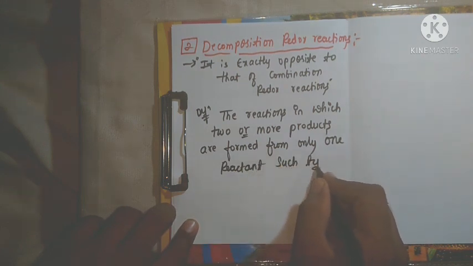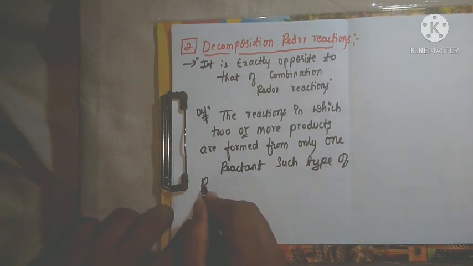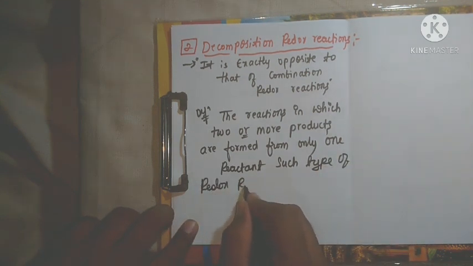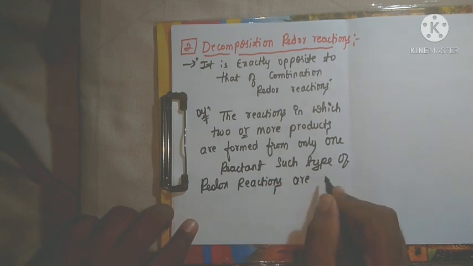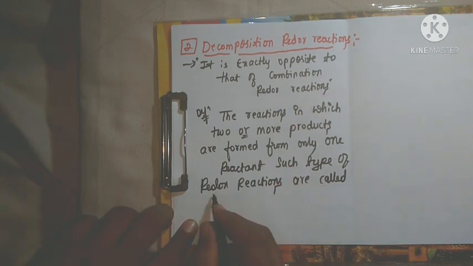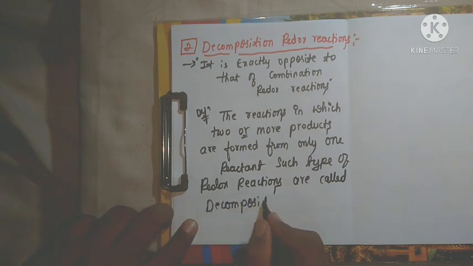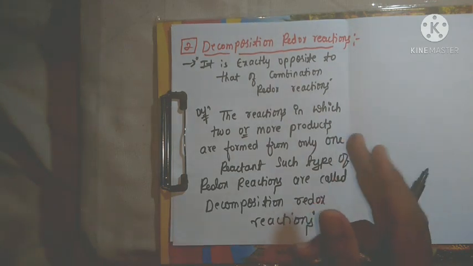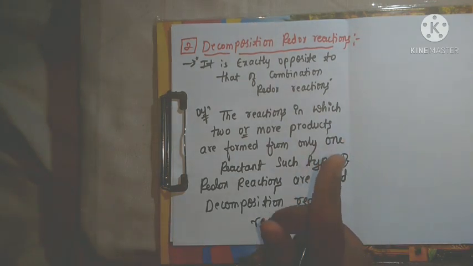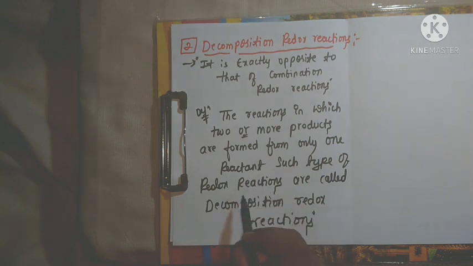Such type of redox reactions are called decomposition redox reactions. You have to remember: two or more products but only one reactant. Such type of redox reactions are called what? Decomposition redox reactions. This is the definition.